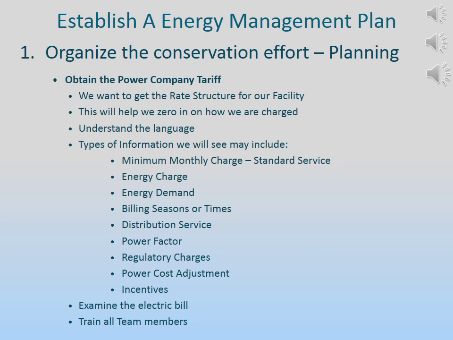In this example, if we said this is our conservation measure and this is how we are going to reduce demand charge, and then we changed it, then we have messed ourselves up for 11 months. It takes 11 months to reset the demand charge. Understand that demand charge is one of the most significant things we will find in our rate structure, and it is usually based on a 15 or 30-minute integrated demand.